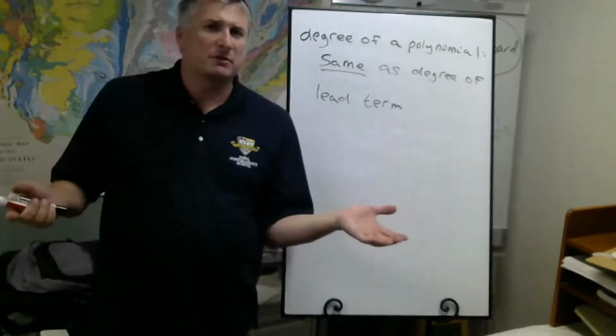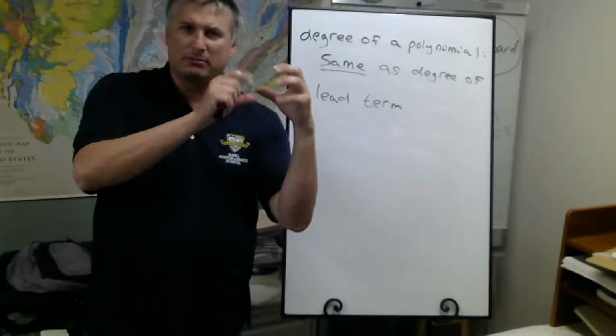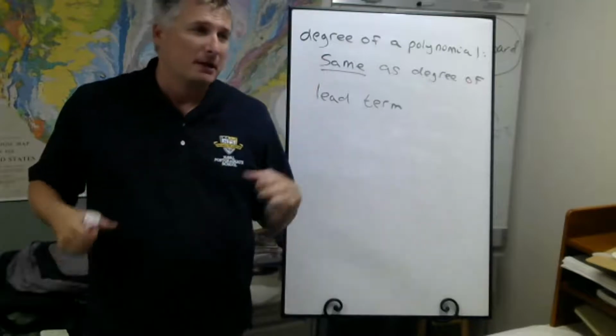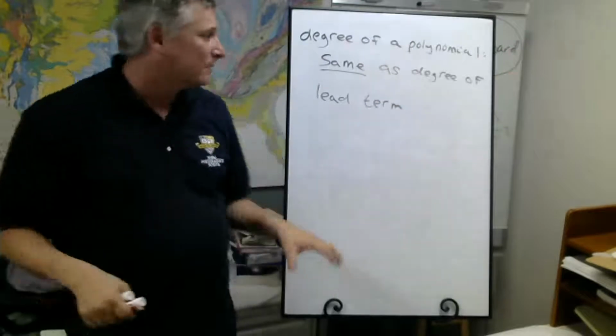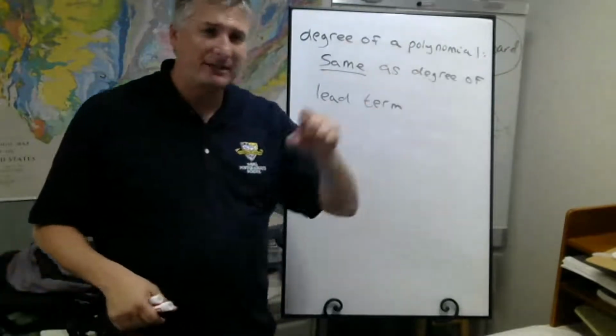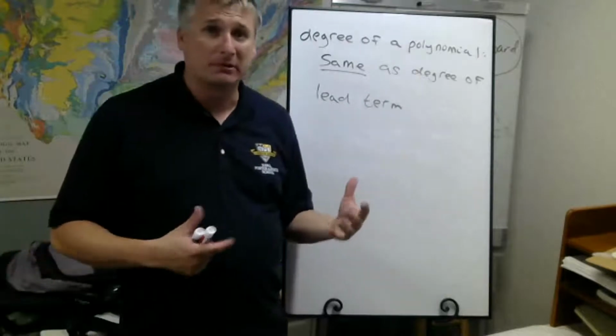So when you want to find the degree of a polynomial, just look for the lead term, and that's the degree of your polynomial. You don't want to add up the degrees of all the terms. You don't do anything like that. Again, find that lead term, find its degree. That's the degree of your polynomial.